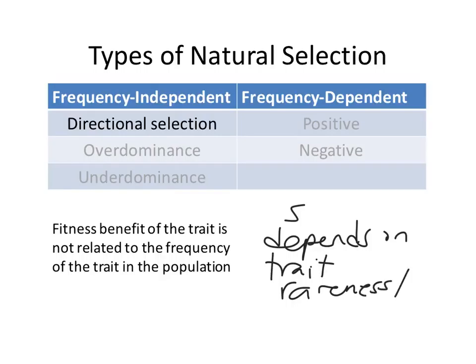It's either how common a trait is or how rare it is. Is commonness a word? I'm going to make it a word. Frequency. So that's what we're going to finish talking about today. Overdominance, underdominance, and then positive and negative frequency-dependent selection.